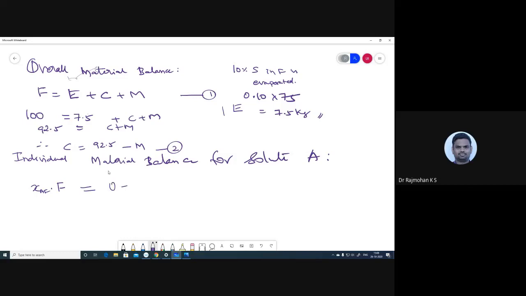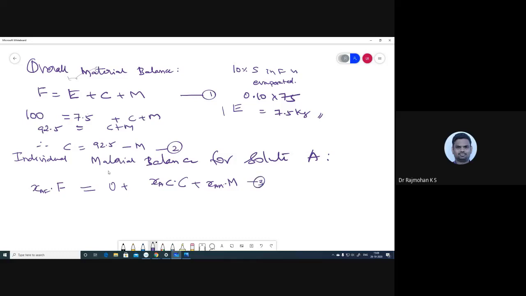So therefore 0 plus XA in C into the amount of C, plus XA in M into M. Okay, so that is the individual material balance.